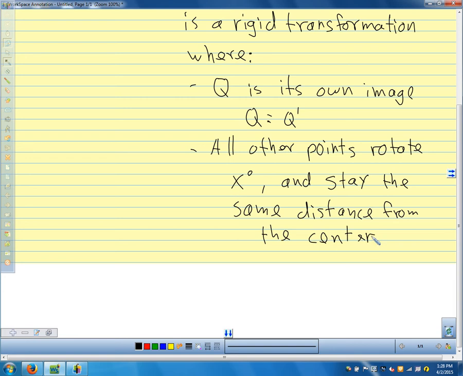So as we rotate, the things aren't moving further or closer as we rotate, they're rotating around our center. So let's draw a picture and take a look at what this is telling us.